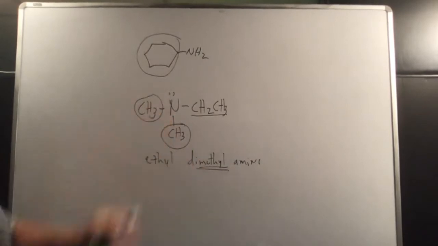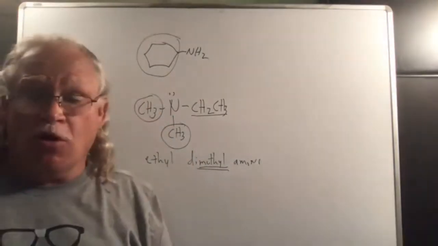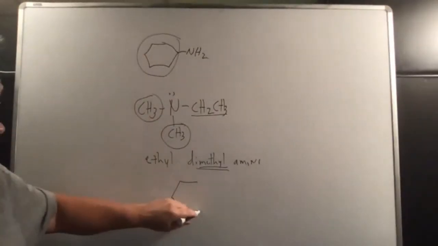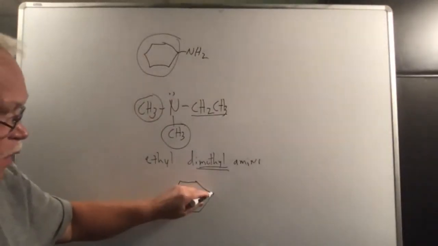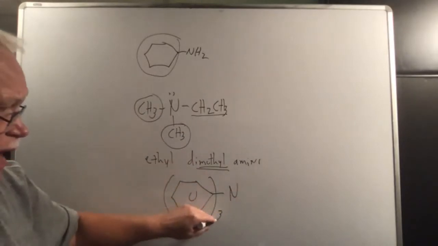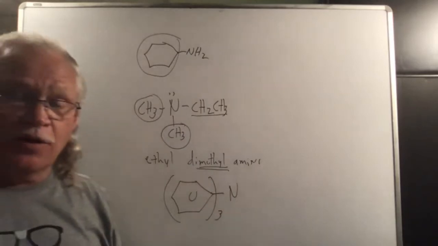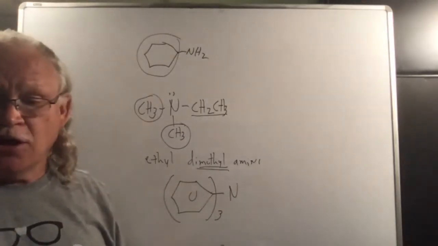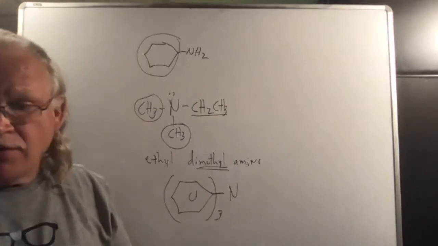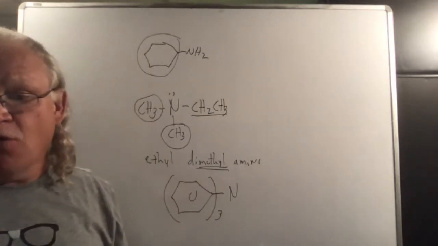The di there is just telling you how many, and it's not part of the alphabetizing. If we have this compound here with 3 phenyl rings around the nitrogen, now I could have drawn that out where I had 3 different phenyl rings. We just call that triphenylamine. So the common way of naming amines is pretty straightforward.